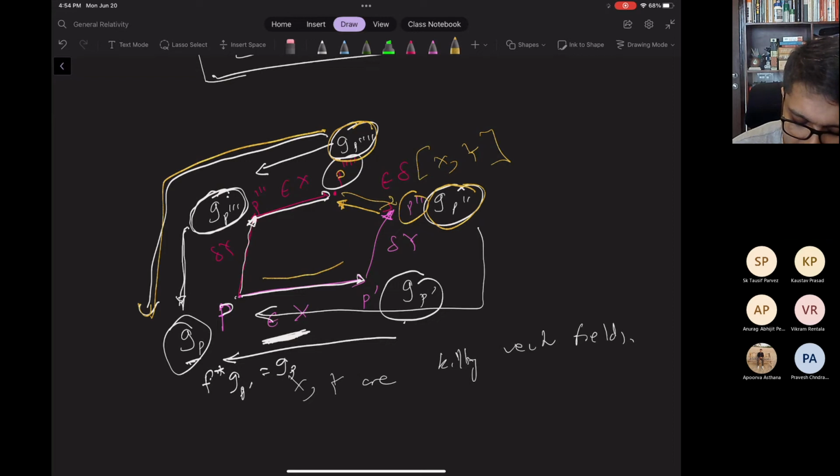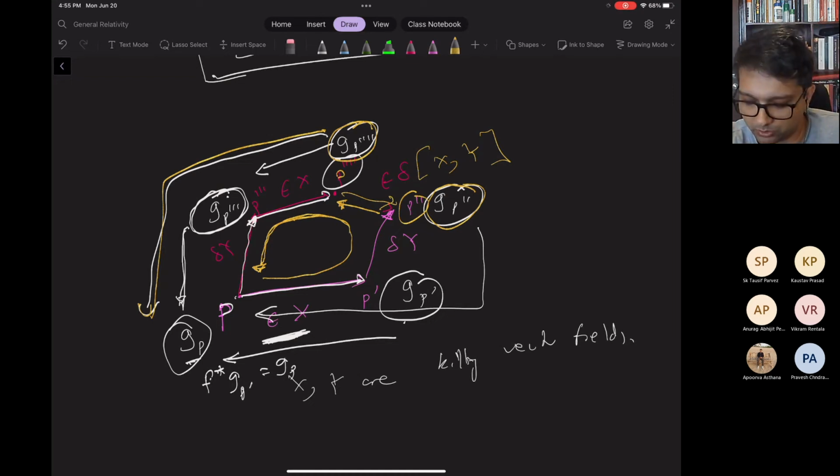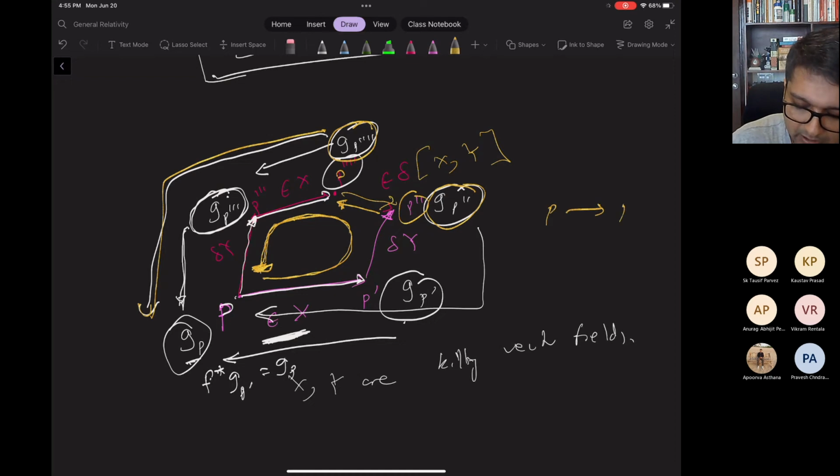You can think about it as a closed path isometry. So it must be true that as I go along this closed path, it must automatically be an isometry, because this entire thing is mapping P to P, so it's just the identity map.